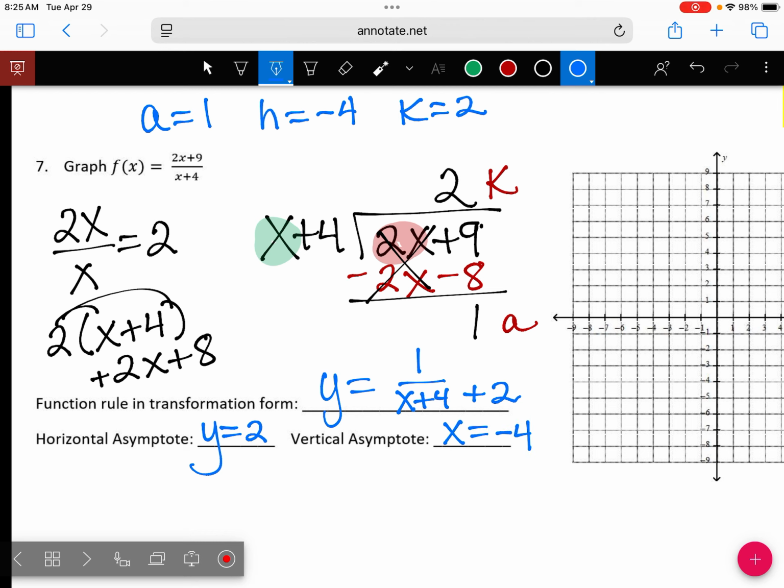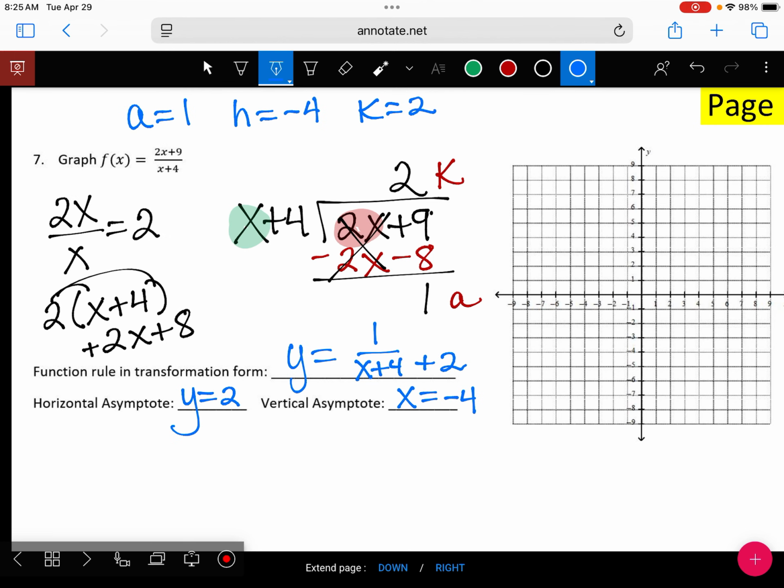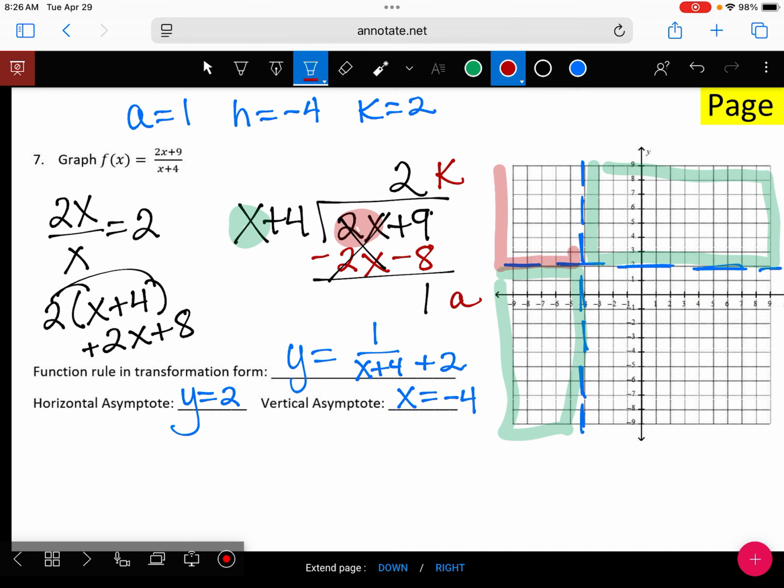Go ahead, pick up your colored pencils or your highlighters. Let's draw it in. So I'm going to draw in a horizontal dashed line at y equals positive 2, and then a vertical dashed line at x equals negative 4. So this is the positive. This is my negative.